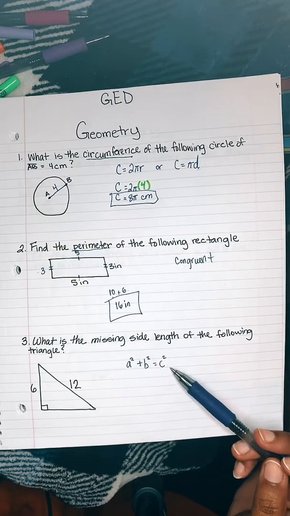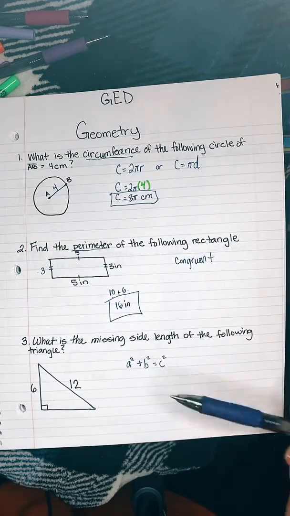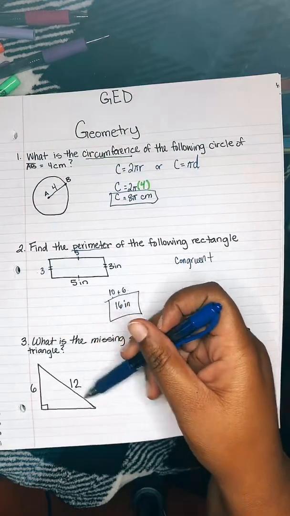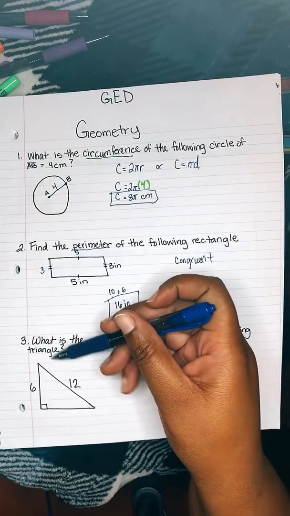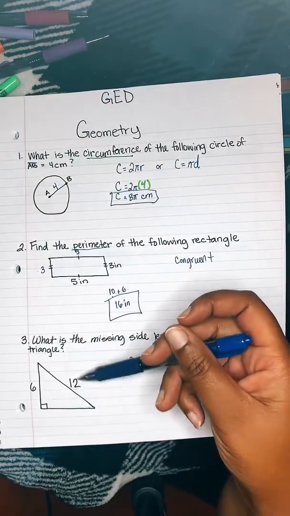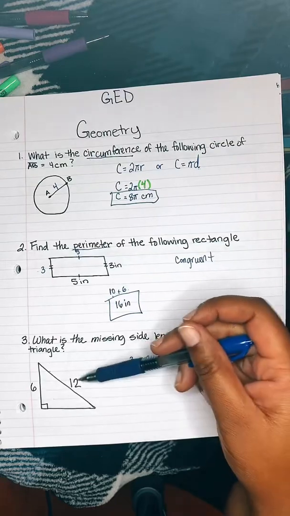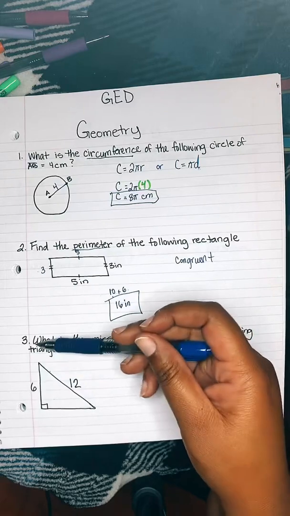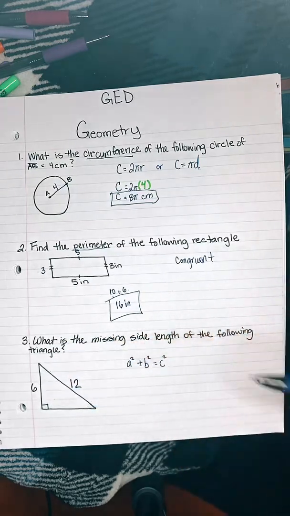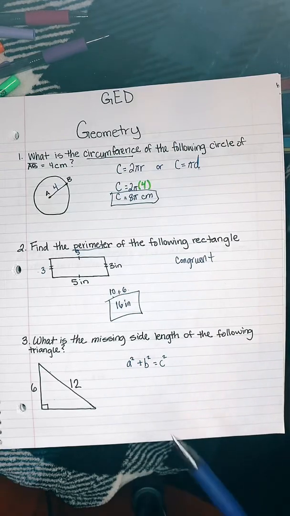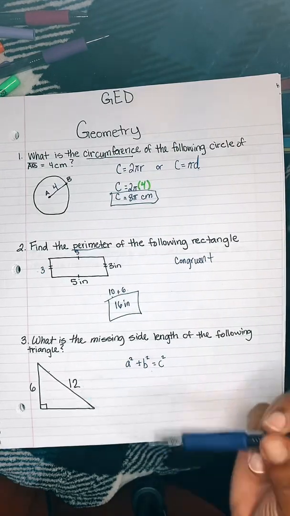So c is 12. Perfect. Now this is called the hypotenuse. Let me explain why the hypotenuse is important. It's the longest side of a right triangle. We don't care about what a is, what b is, but we must care about the longest side.